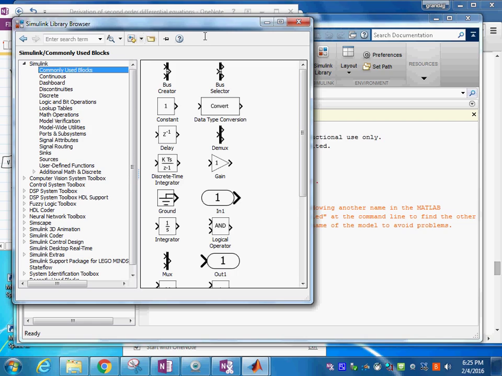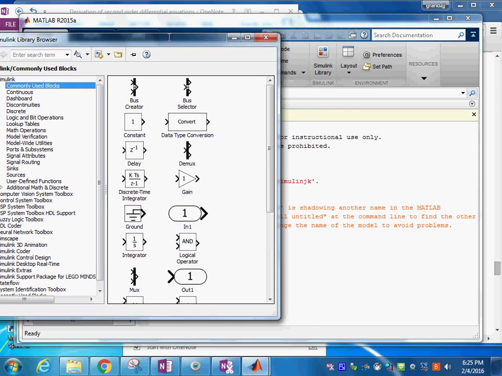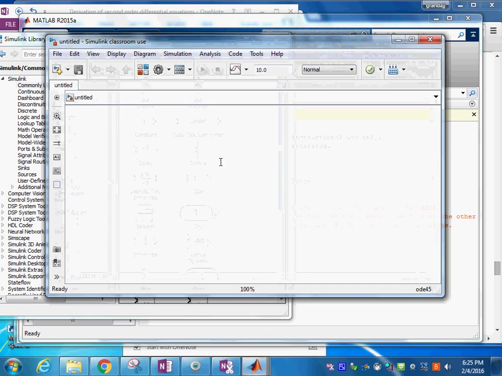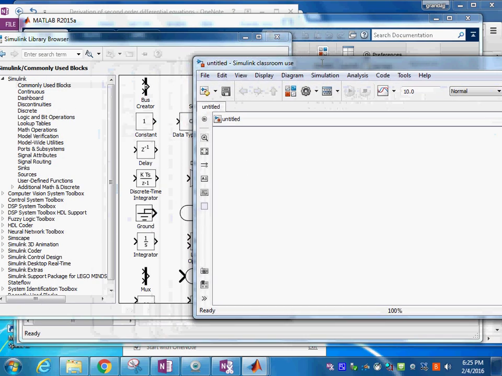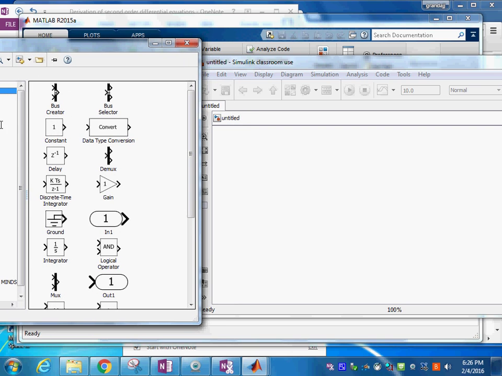If you click on new file, then we can transfer everything. Yeah, there we go. We're gonna transfer the elements that we need.